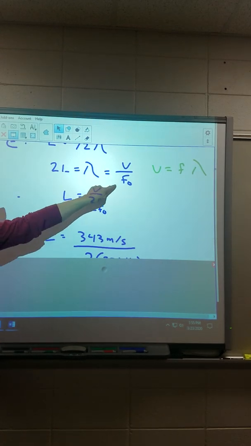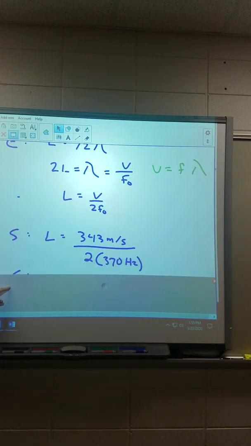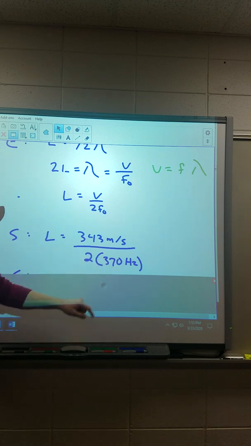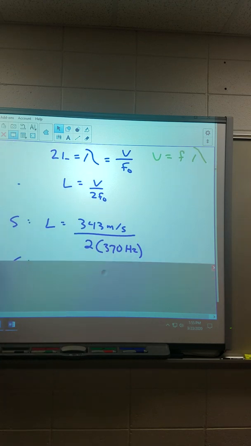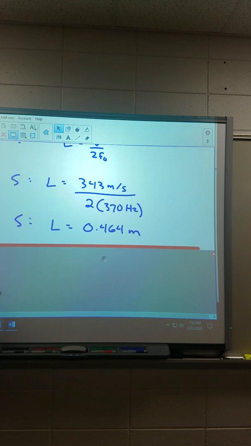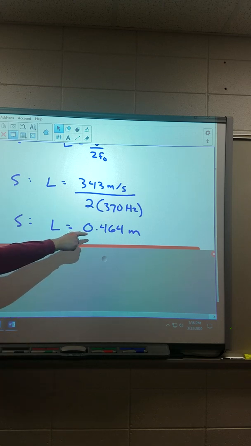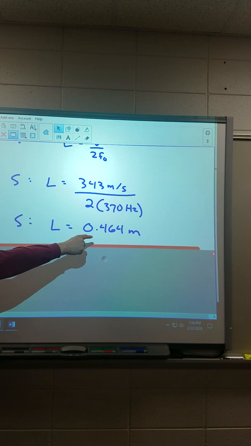I'm going to get this 2 down here. So 343 divided by 2 times my fundamental frequency of 370. This ends up being a length of 0.46 meters. So in order to create a fundamental harmonic of 370 hertz, I'm going to need a pipe that's open at both ends of 0.464 meters.